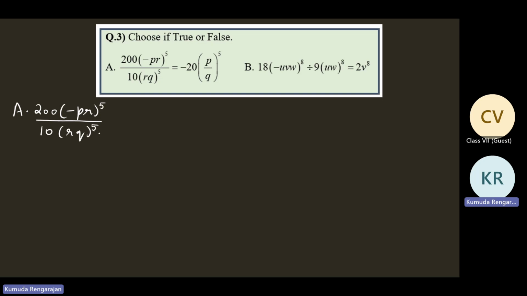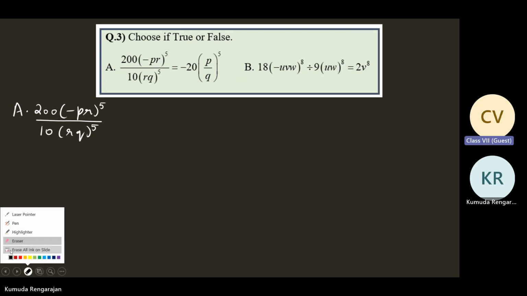Now we'll have to choose if it is true or false. So we have to work this one and show that this is the answer, correct? Yes, if we get this as the answer, it is true. If we don't get this as the answer, it is false.